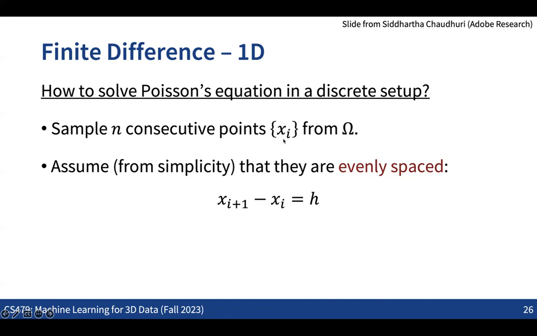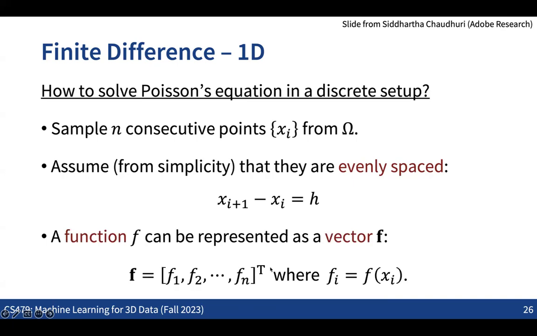Let's say the points are xi. Then the function in the space can also be represented as a vector. When you evaluate the function at all the sample points, the function values at the sample points become a vector in the space, right?